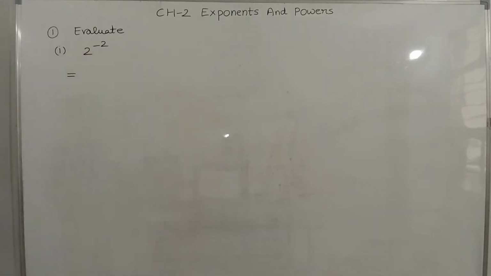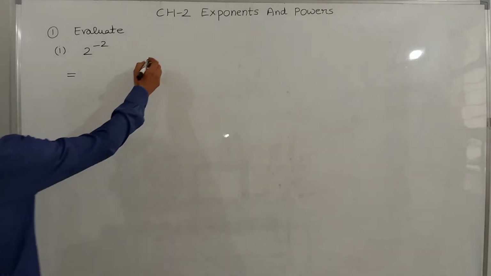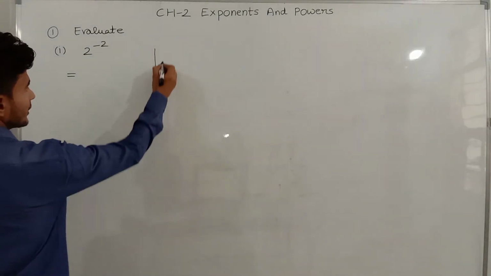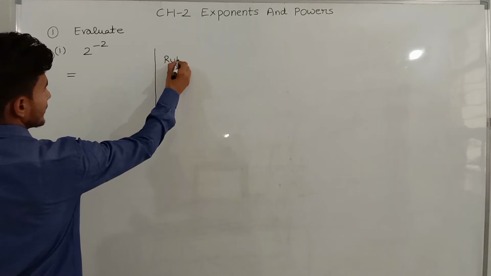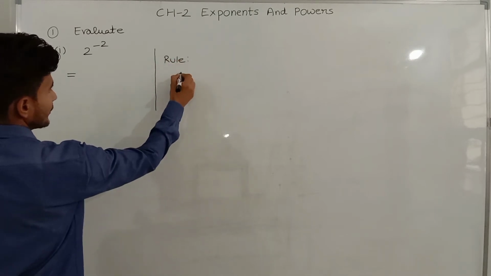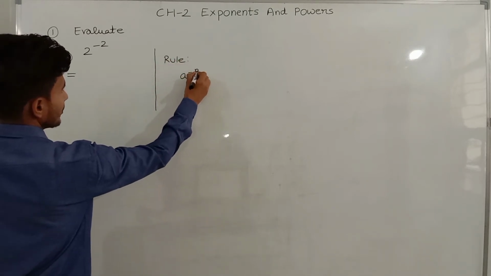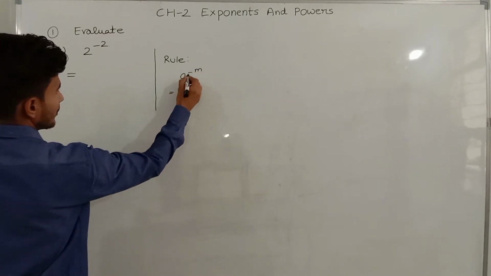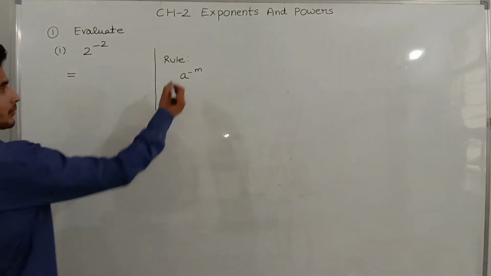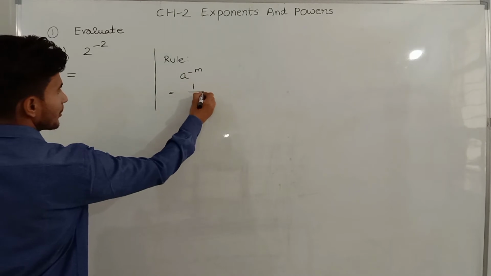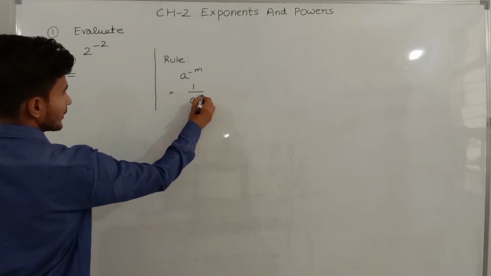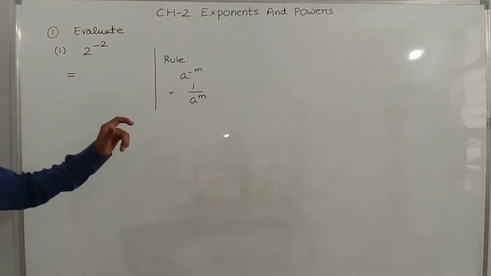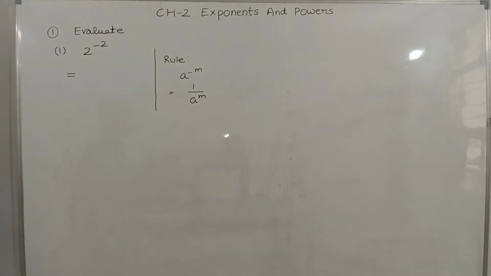You know the rule: if you are having a power minus n, how can you make it positive? By taking reciprocal, you can make it positive.